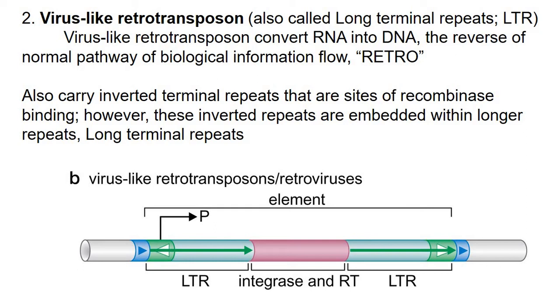That's why this is called retro. Similar to DNA transposable elements, they also carry inverted terminal repeats, but these inverted terminal repeats are part of the larger long terminal repeats. These are the inverted repeats, these are the long terminal repeats, and the inverted repeats are embedded within them.